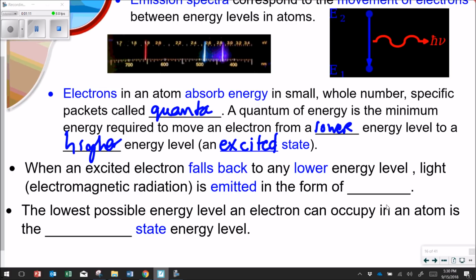When an excited electron falls back to a lower energy level, light, and therefore electromagnetic radiation, is emitted in the form of photons. The lowest possible energy level an electron can occupy in an atom is called its ground state energy level.